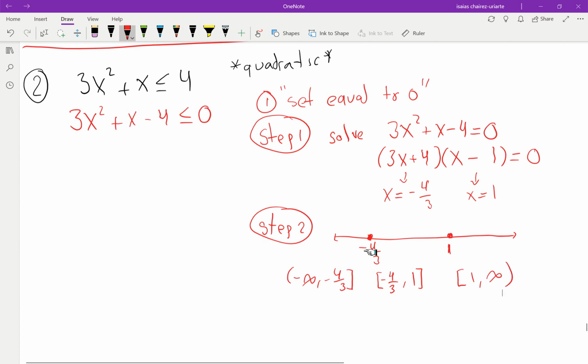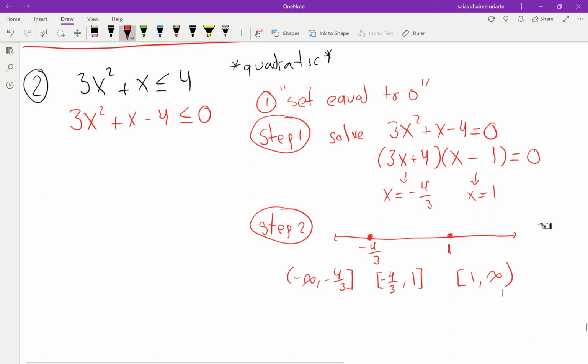And note that here I'm using brackets in all of these intervals. The reason is the type of inequality that we're dealing with. It doesn't mean that if I put all of these 3 intervals together, I get the real number line. There would be some overlap here. So right now I'm just thinking about my 3 intervals created by these 2 values here.